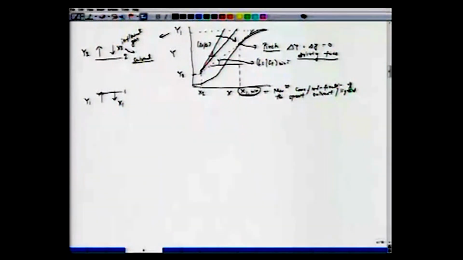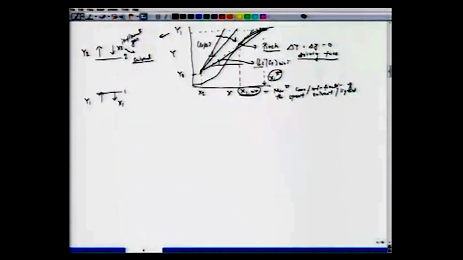If we try to connect this point y2, x2 all the way till here, where this curve has intersected this y1 line, this will give an erroneous or wrong result, so this has to be discarded. Instead of this, one has to find a tangent, which will give you x1 max.